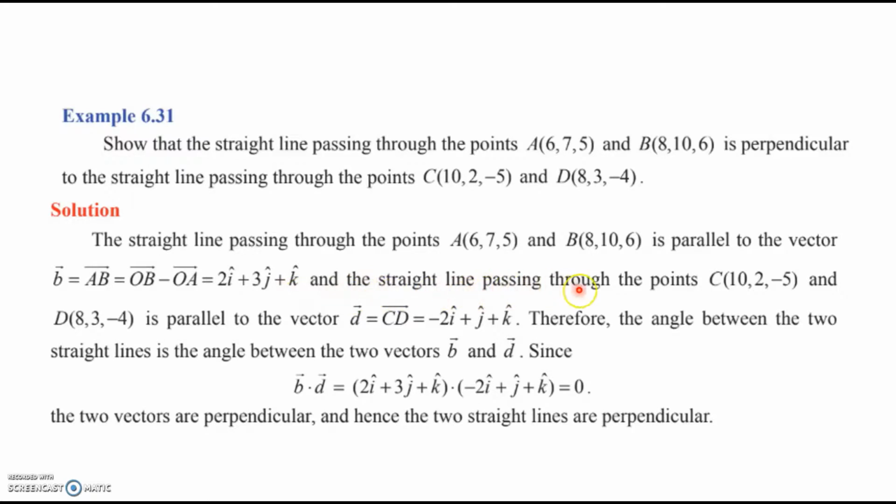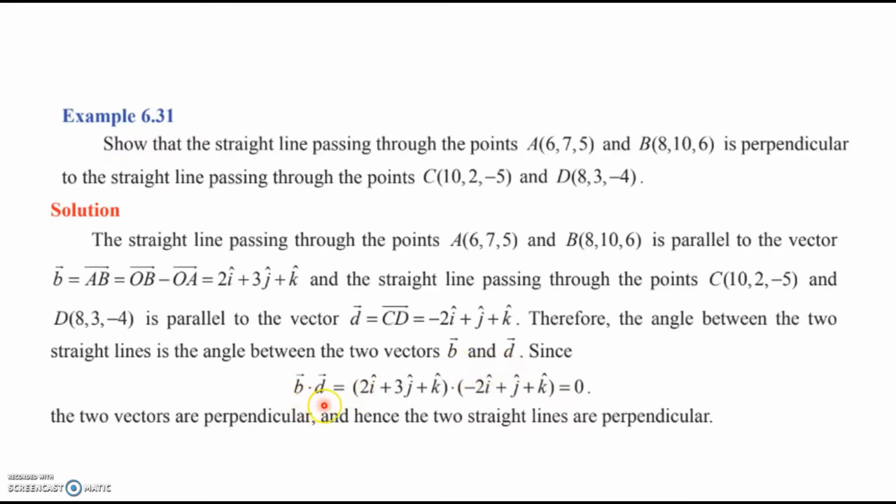And the straight line passing through C and D is parallel to the vector which, again subtracting these two values, you will find is minus 2i cap plus j cap plus k cap. Therefore, the angle between the two straight lines is the same as the angle between b and d.